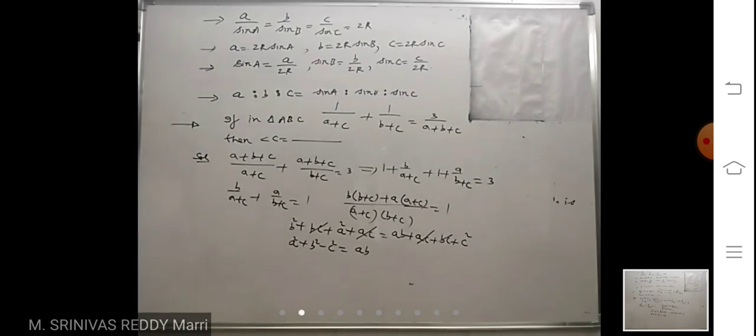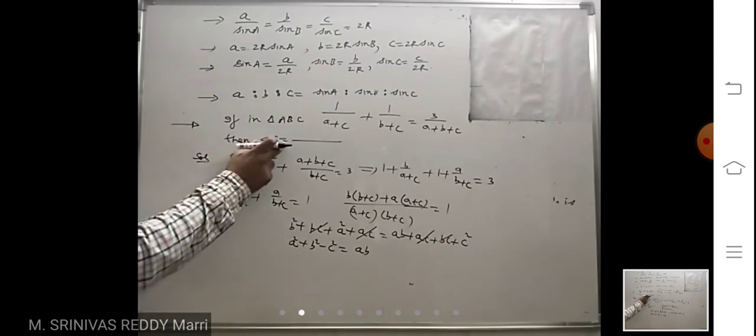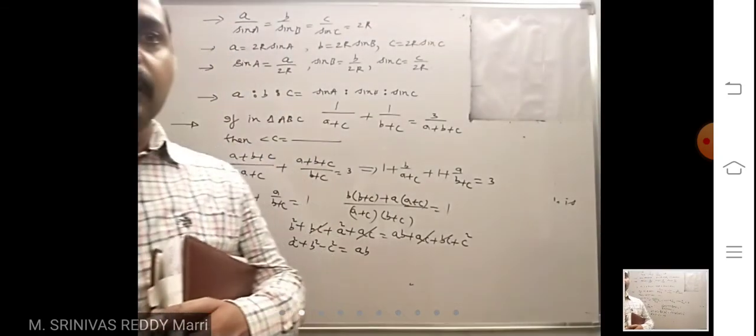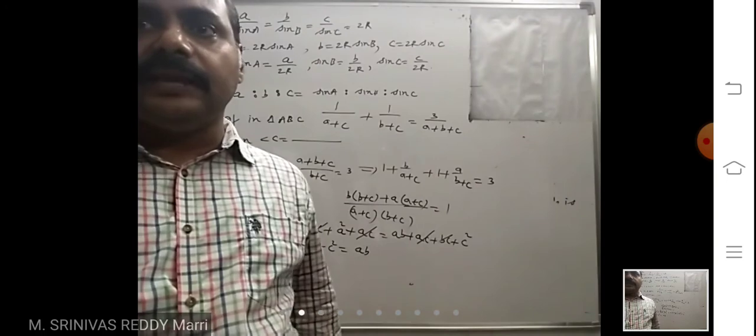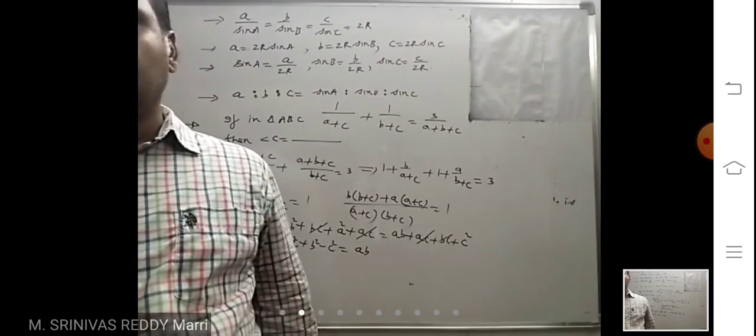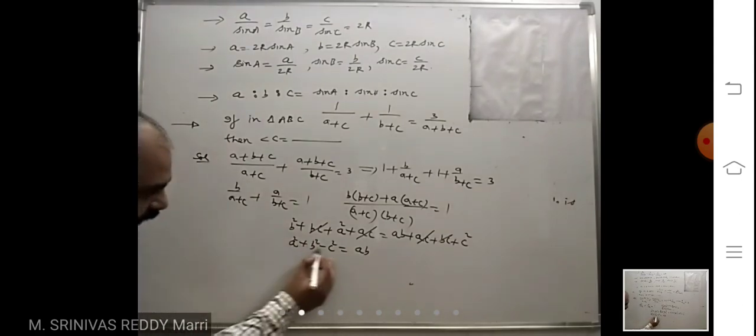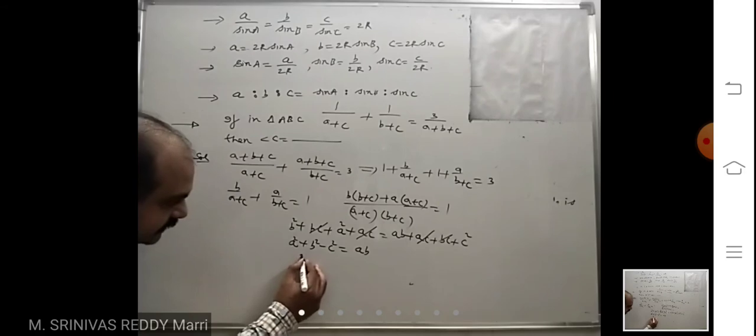Now look here. Angle C is asked. You know the cos C formula. What is the cos C formula? If you know cos C, then you can calculate what is C. So cos C formula is (a² + b² - c²) divided by 2ab. Now a² + b² - c² is there.